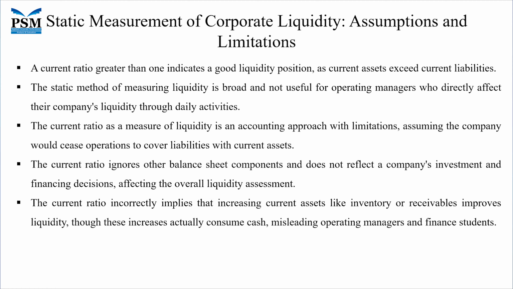So we have two limitations. One, values shown on the balance sheet are book values, they are historical values. And two, the current ratio does not consider all the other components of the balance sheet.